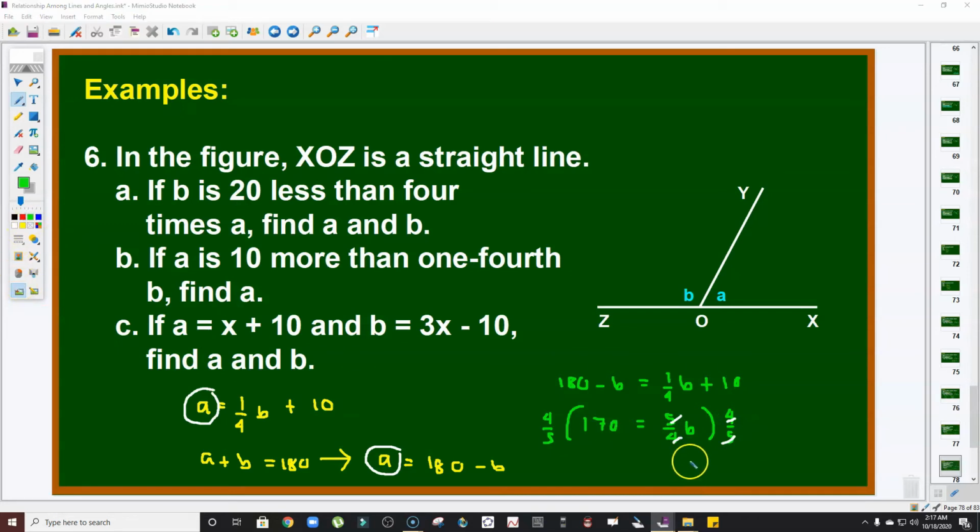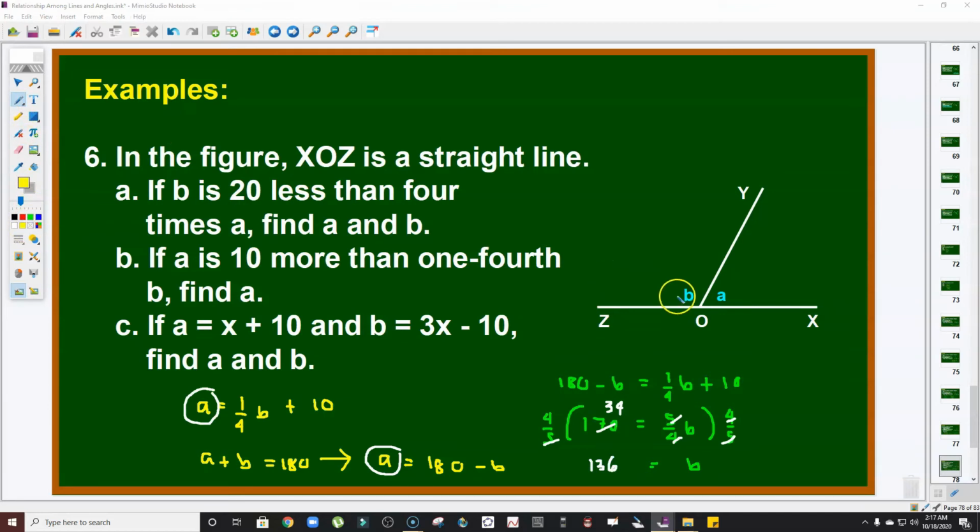So, what will be left here is B na lang. Clear? 170 is divisible by 5, di ba? Because it ends with 0. 170 divided by 5 is 34. Alright? So, magiging 34 yan, times 4. So, therefore, ang B ko is 136.